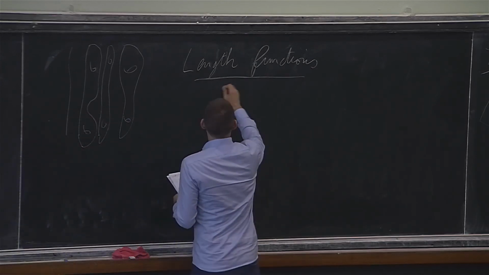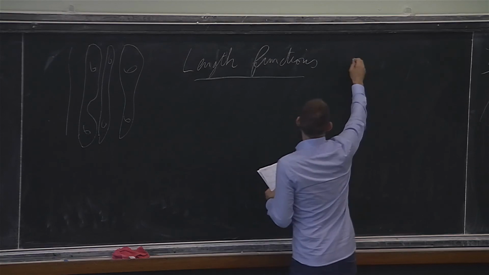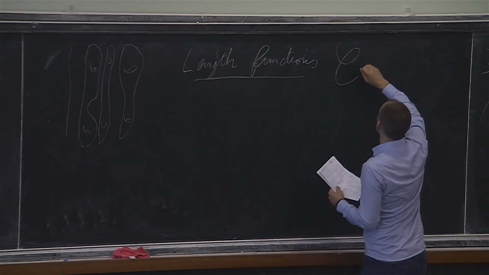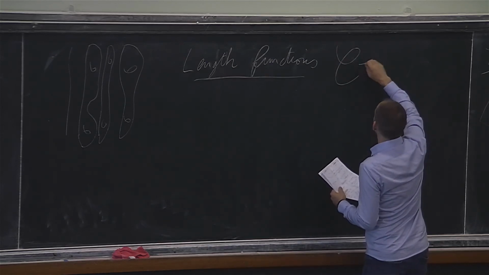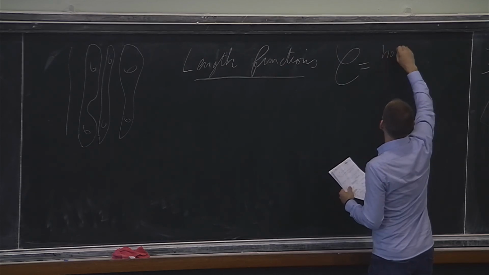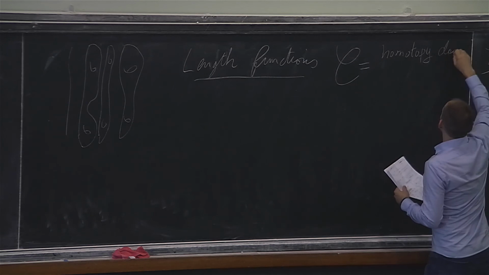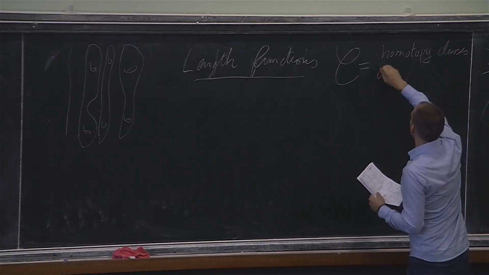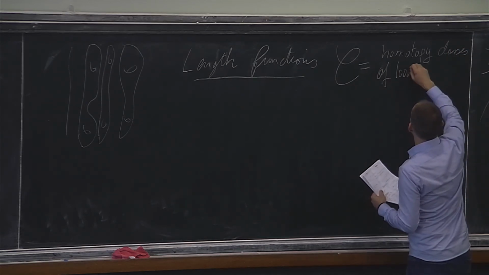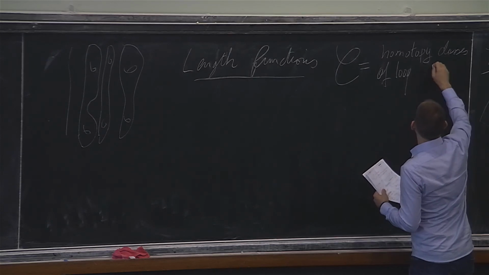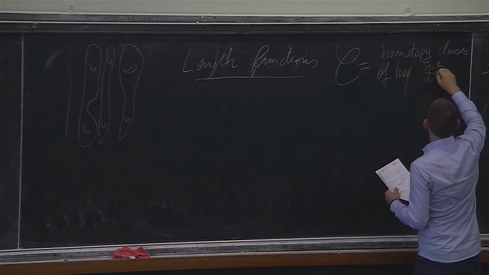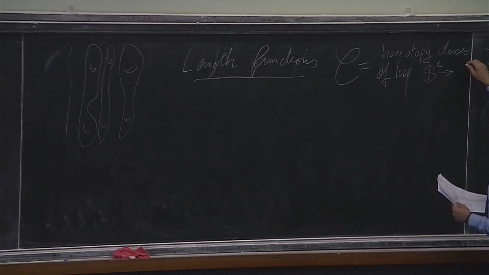So just define the set C. Consider the set C of homotopy classes of loops, so continuous maps from the circle to the reference surface S_g.